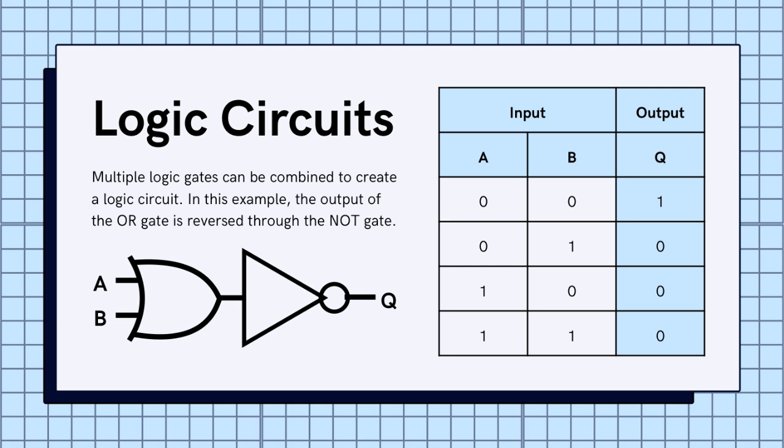The table illustrates the different input combinations and the resulting output, highlighting how the NOT gate modifies the OR gate's output. This demonstrates the power of building complex circuits from basic components, which is a fundamental concept in digital logic design. It also shows how understanding these simple building blocks helps us understand more sophisticated systems in digital electronics.